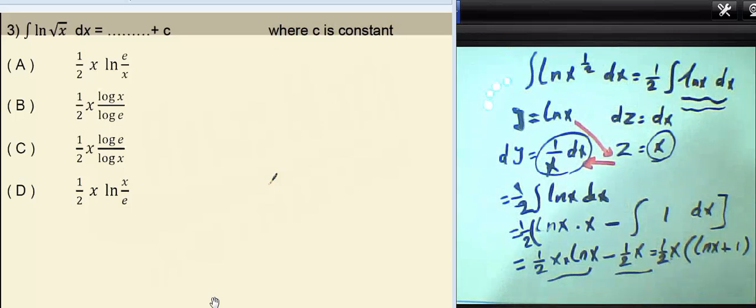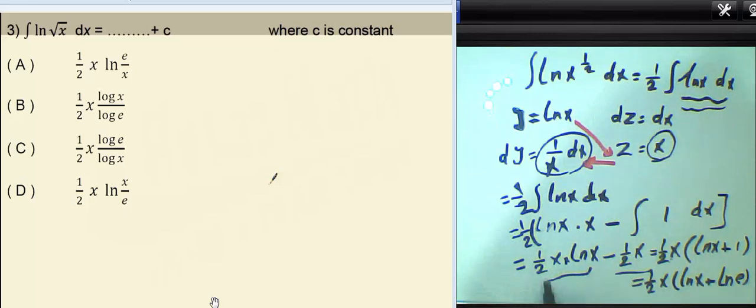Okay, look at it with me here. I will write half x outside, multiplied by ln x plus ln e, because ln e equals 1, and we can find the result by dividing x by e.